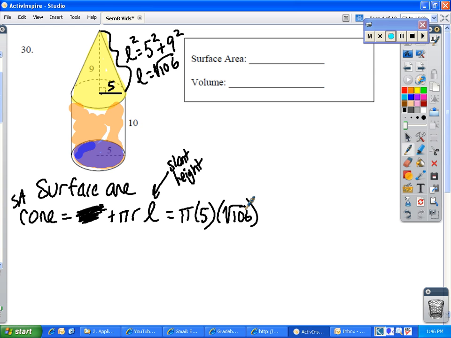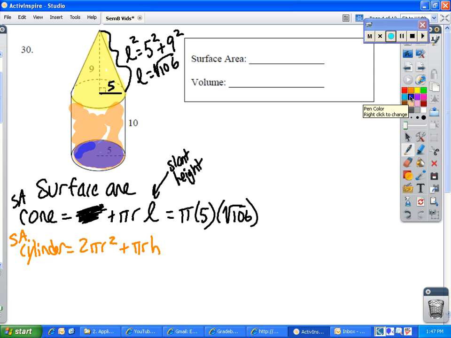Next part was that cylinder. Now, the part of the surface area for the cylinder is usually 2 pi r squared plus pi r h. Now the 2 pi r squared represents the bases of the cylinder, and in fact we had colored that one in blue.